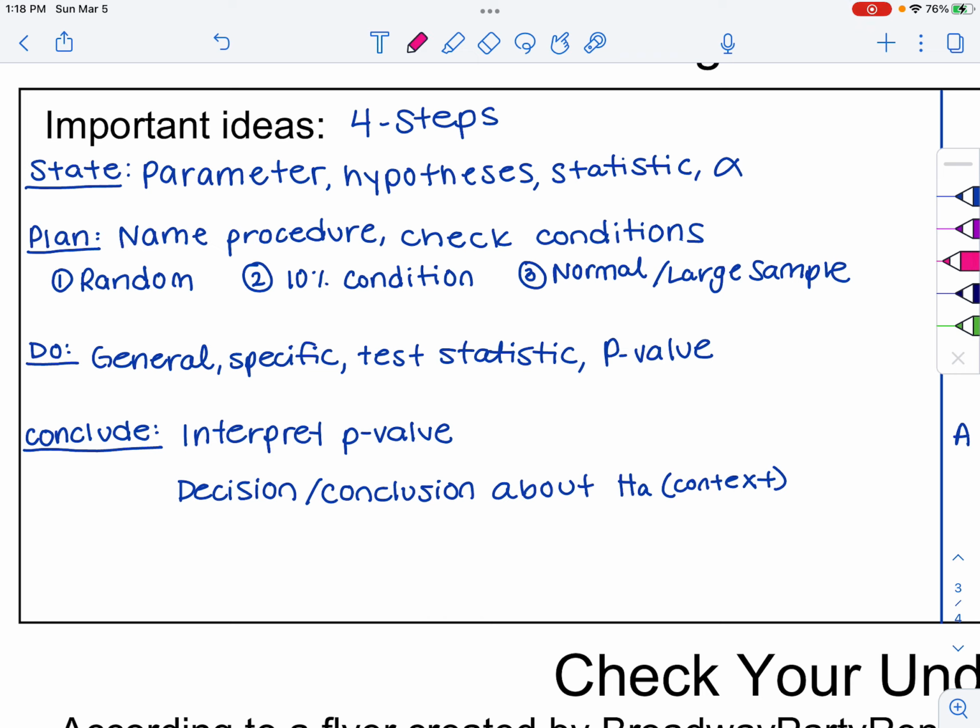I also want to add in here that we want to draw our picture. And lastly, conclude. Interpret your p-value first, and then write the decision about your conclusion about the alternative. Do you reject or fail to reject, depending on whether or not you find convincing evidence for the alternative? Remember to conclude in context of the problem.